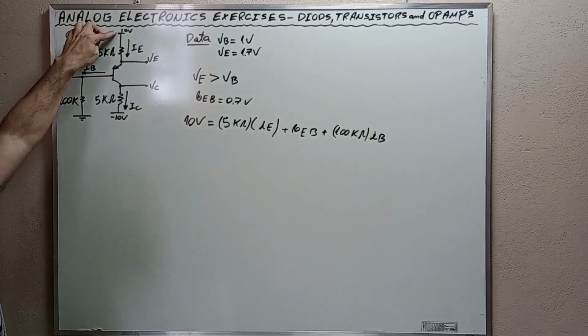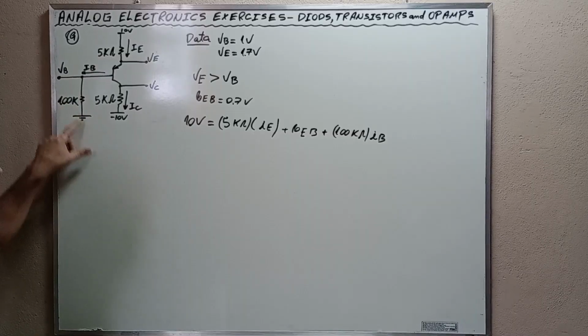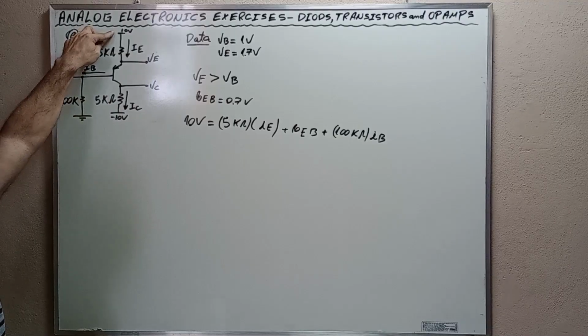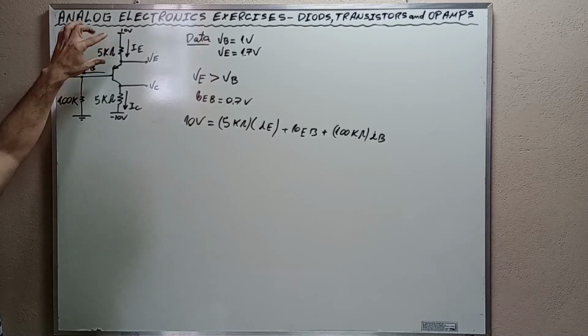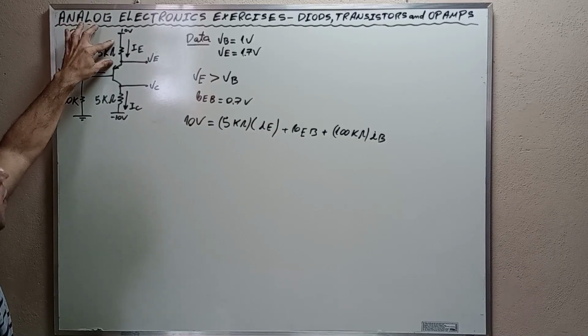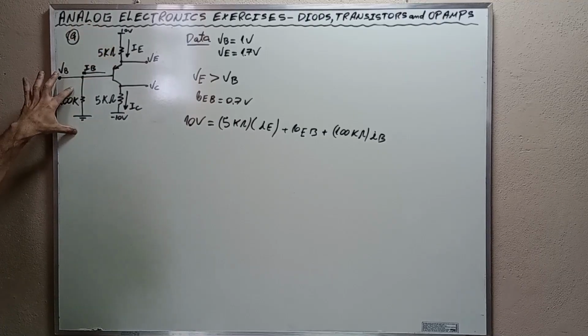The voltage from here to here, this is ground, 0 volts, and this is the supply, 10 volts. Pay attention to the voltage drops. 10 volts is equal to the voltage drop here plus the voltage drop here plus the voltage drop here.